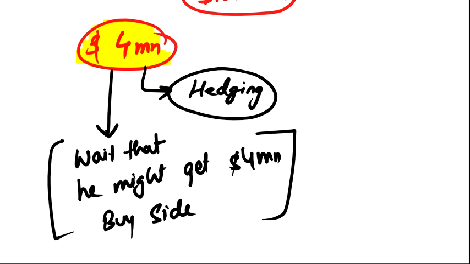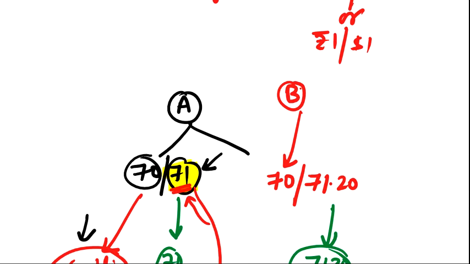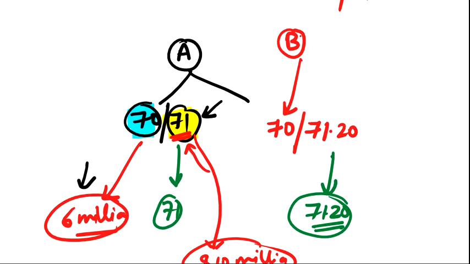Clear? Another option: he wants to make this side more attractive. Means now he wants to make this 70 side more attractive. What is the 70 side?